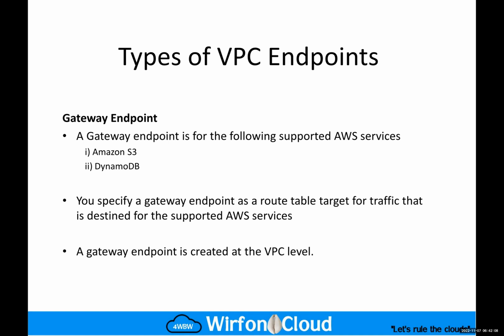For this gateway endpoint, you always specify the route table for traffic that is going to the gateway endpoint, on the route table associated with your VPC. Sorry, the gateway endpoint is attached to the VPC, not the subnet, and the route table that is used is the route table for your VPC.